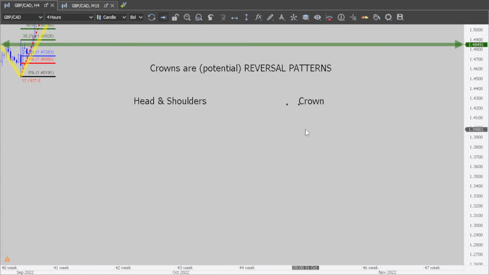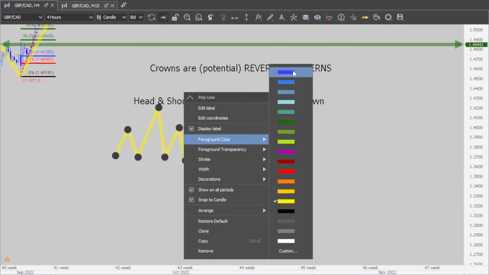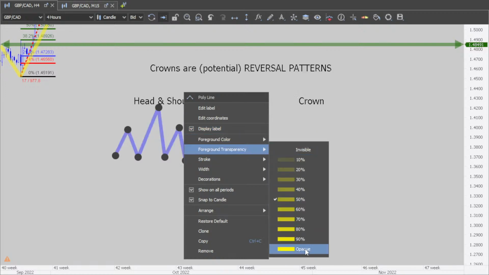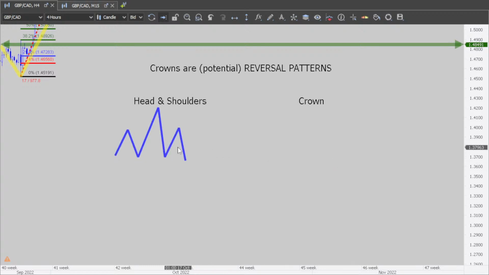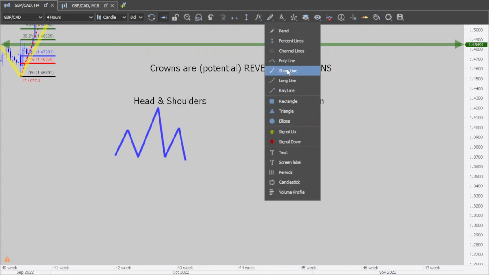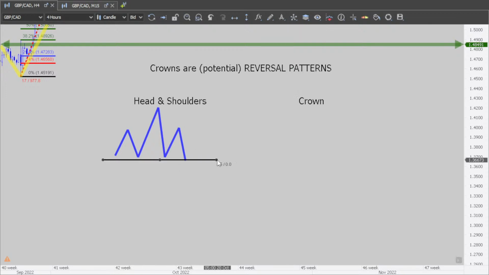Head and shoulders, most of the time they're going to have equal left shoulder, then the head, and then the right shoulder. So this is the theory behind the head and shoulders. So the lows are more or less in the same place, okay, more or less.